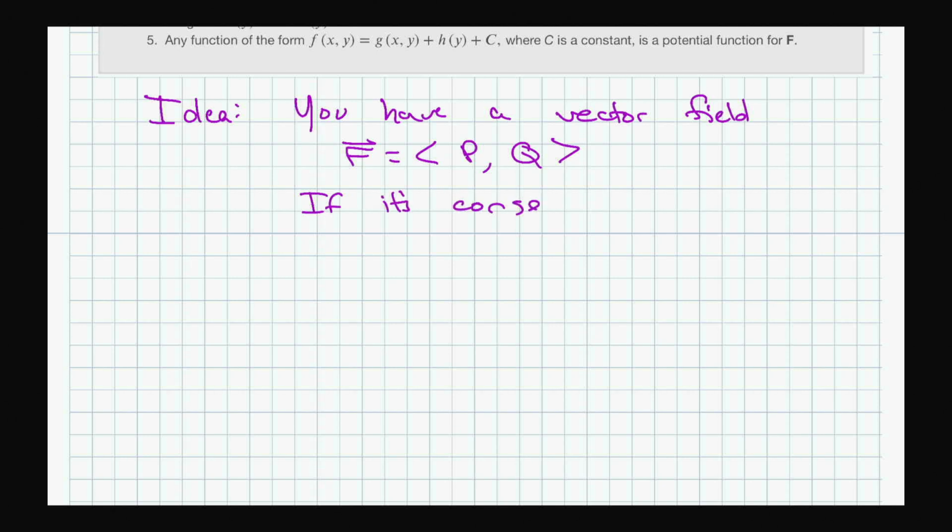If it's conservative, then F, which is P, Q, is actually the derivative of some little f with respect to x and the derivative of some little f with respect to y, right? Because it's the gradient of a function.